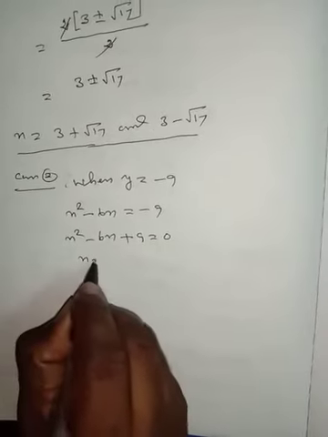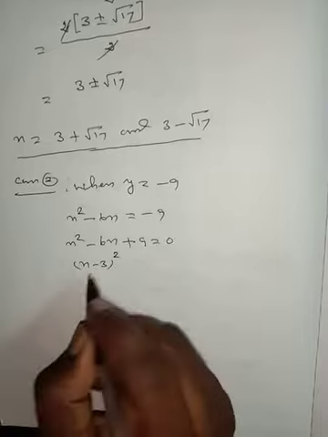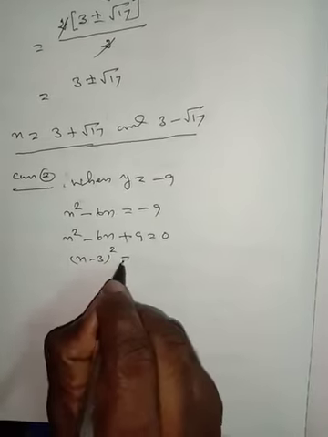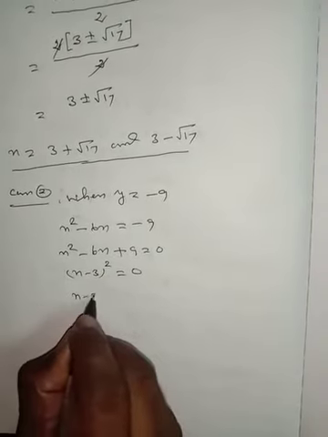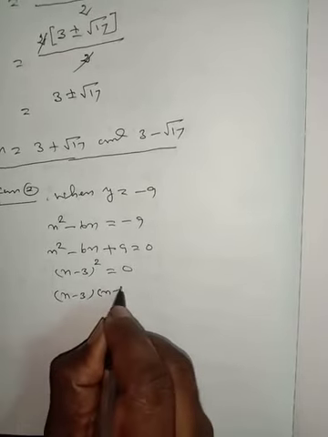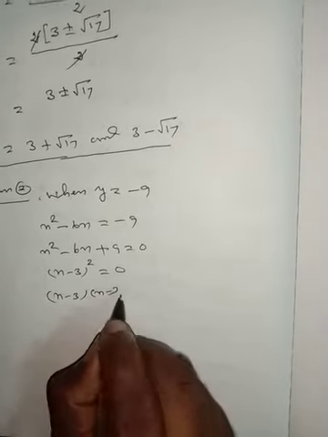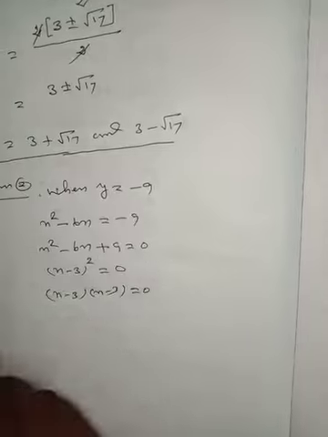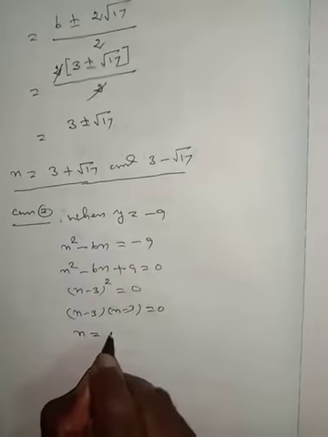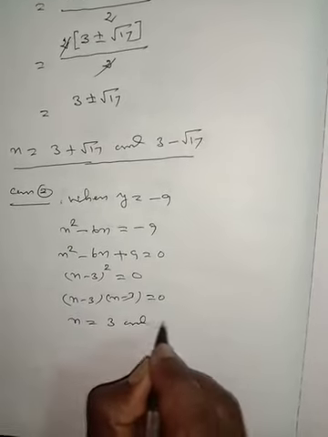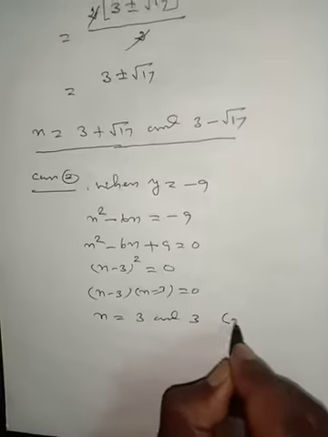This means x minus 3 whole square is equal to 0. x minus 3 into x minus 3 is equal to 0. x is equal to 3 and 3. Roots are repeated.